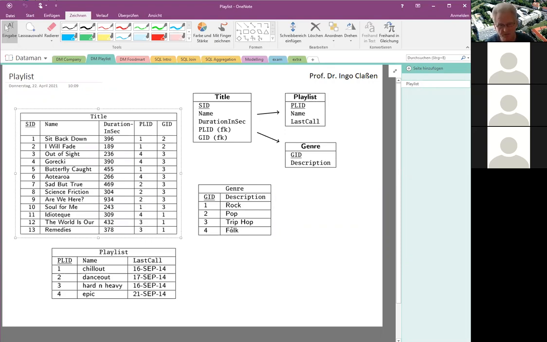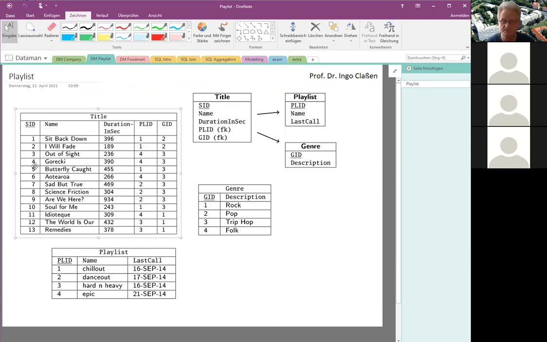And if I take the folk record and connect it with that table, you see I don't find number 4 here in the GID table. Therefore, this left join provides the folk in the output, but since nothing could be connected to it here, all the columns here in the result get nulls, and also the SID.